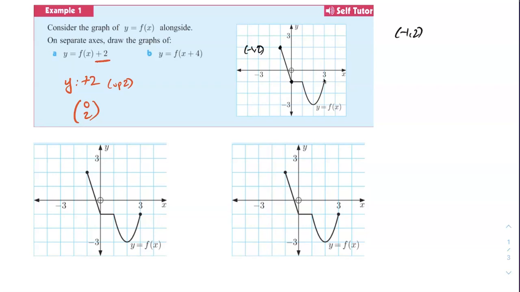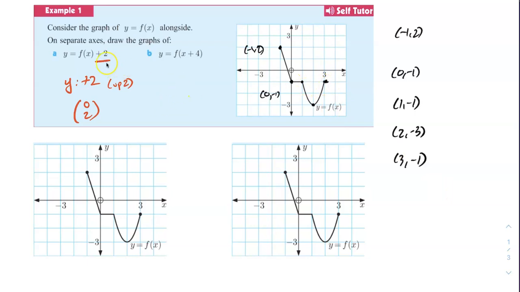Let's use this point here as (0, -1), and this point as (1, -1). We use this point down here, which is (2, -3), and a final point there, (3, -1). These are the key points in that graph.